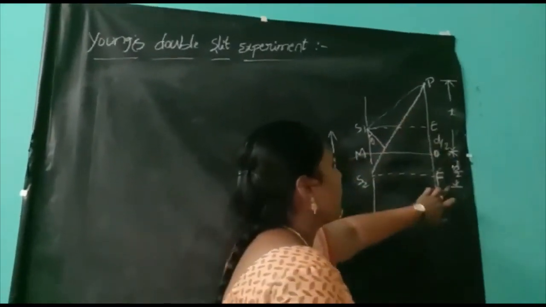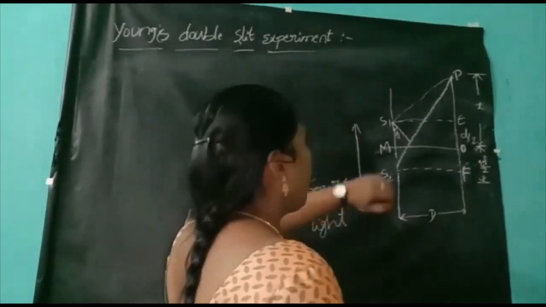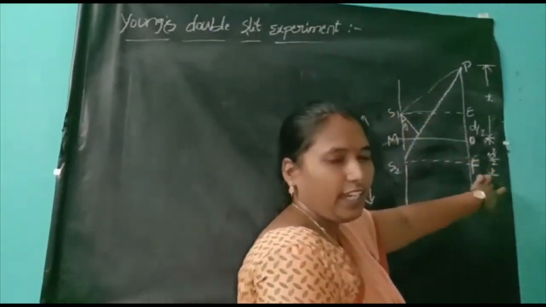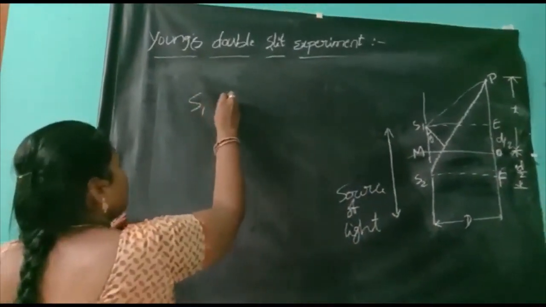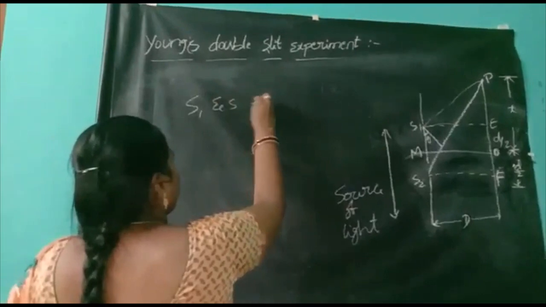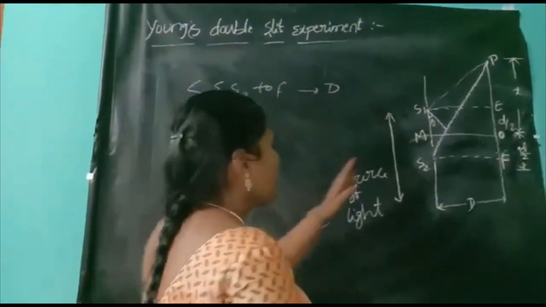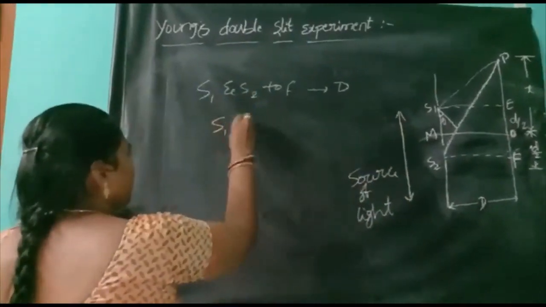P to F is the screen. The distance between the slits and the screen is capital D. The distance between the two slits is small d.